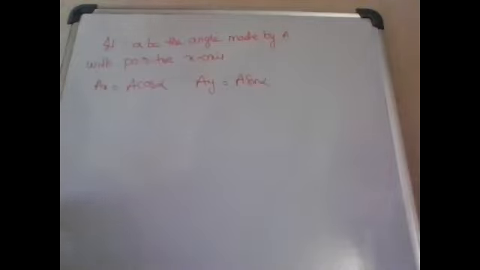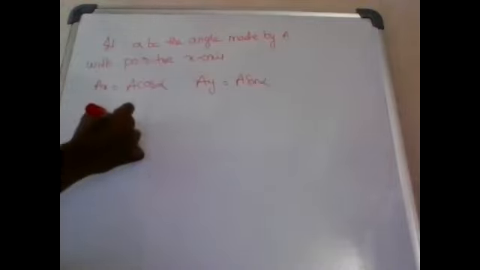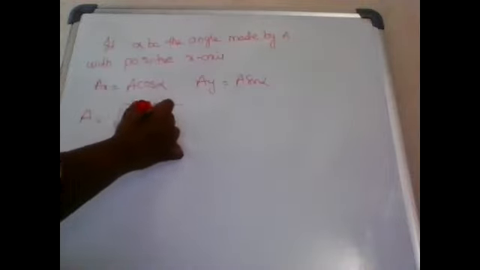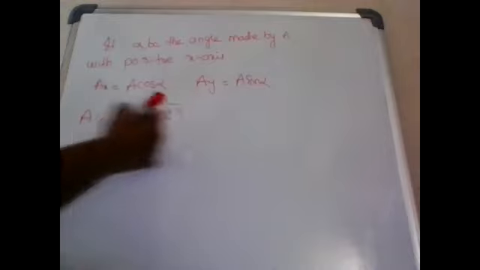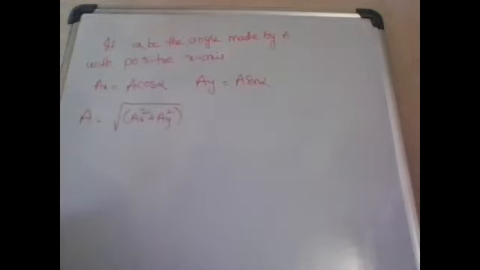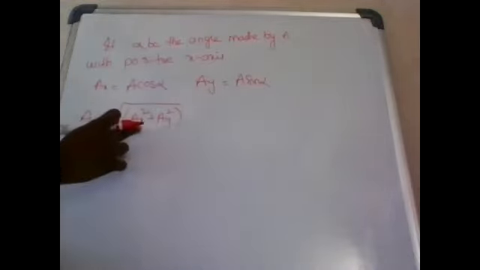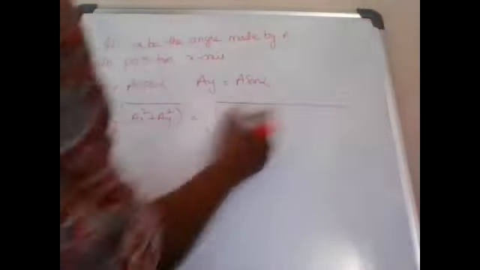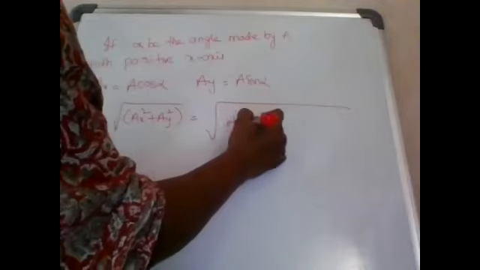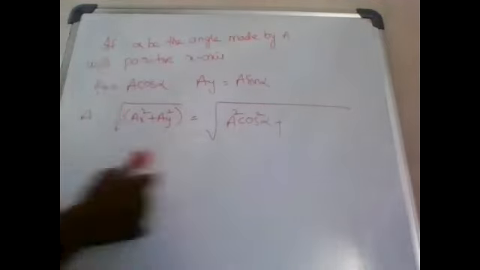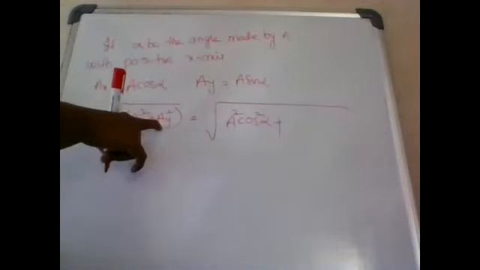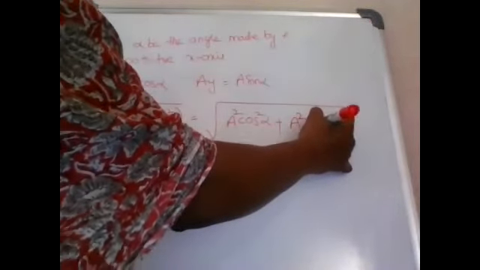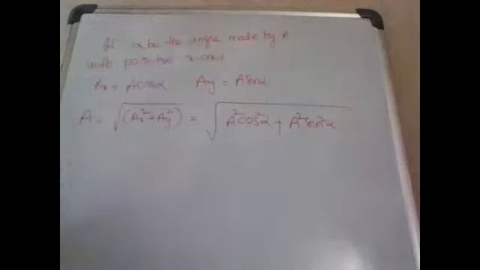So the magnitude of vector A equals under root of A suffix x square plus A suffix y square. A suffix x square means A square cos square alpha, plus A suffix y square means A square sin square alpha.